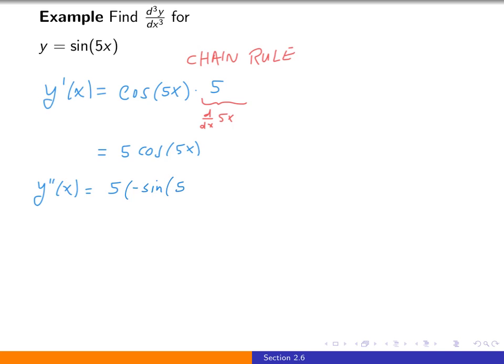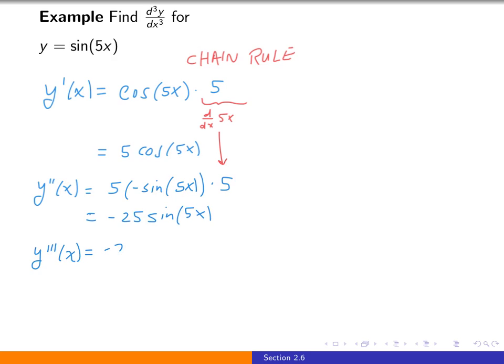You evaluate that at the inside function 5x, and then we multiply by the derivative of the inside function, which is once again the 5. So this simplifies to be minus 25 sine of 5x. And one more application of the chain rule is going to get us y triple prime.